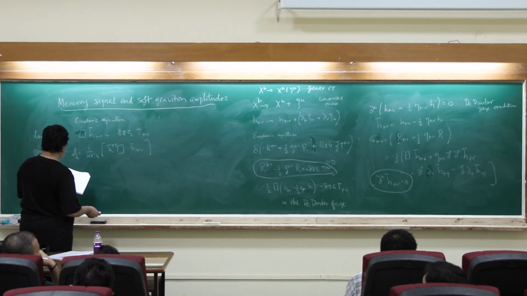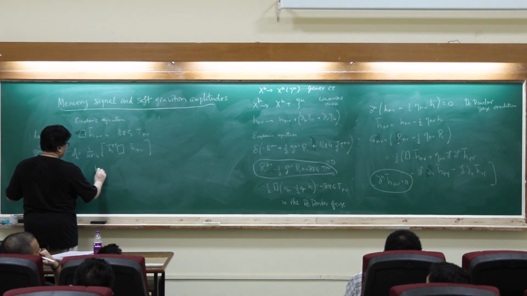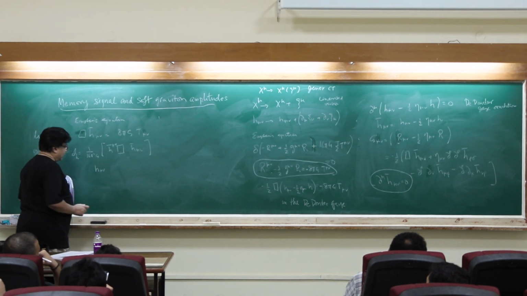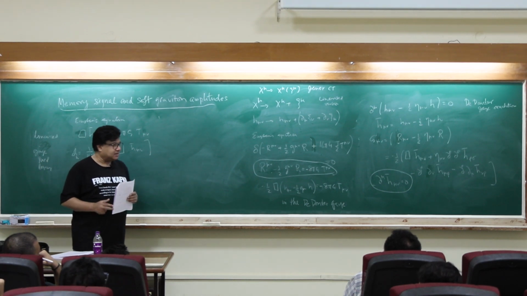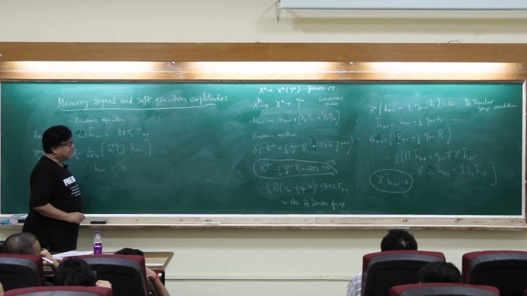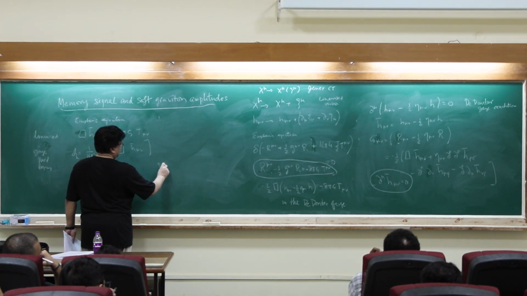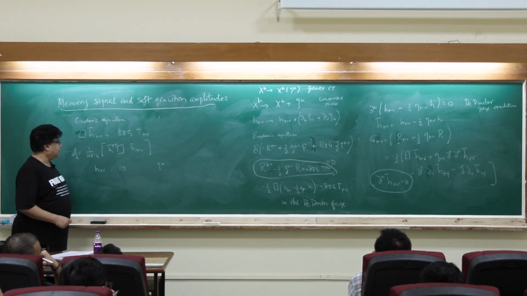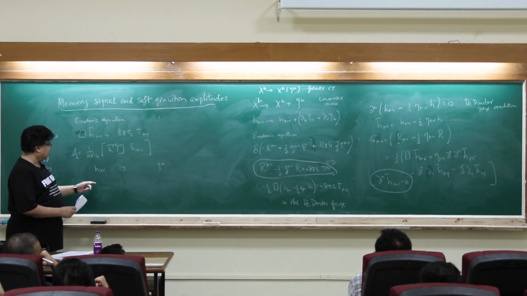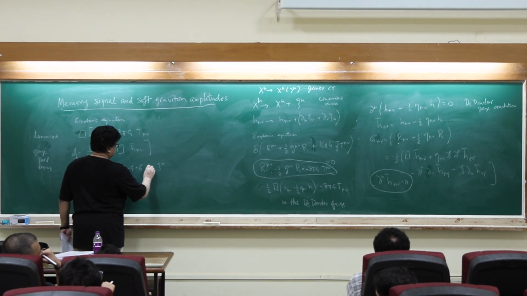Now, h mu nu is a 4 by 4 symmetric matrix, which means it has 10 independent components. And you had 4 functions to remove degrees of freedom from here. So this is 10 minus 4, 6 degrees of freedom.